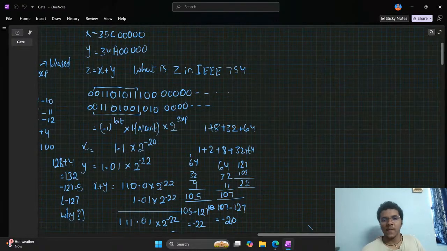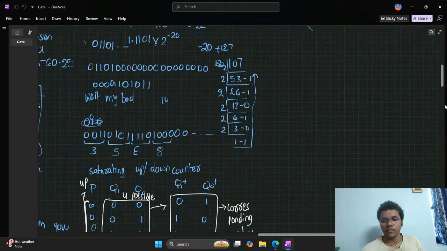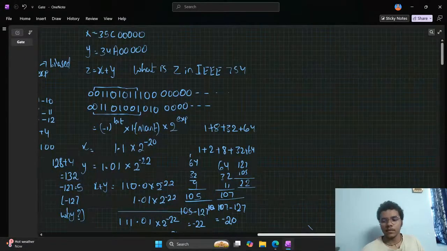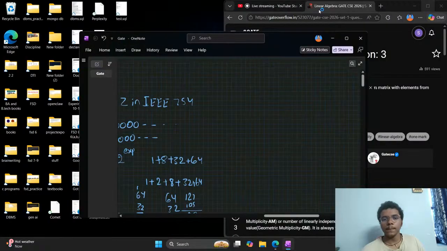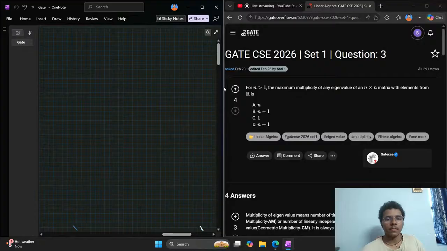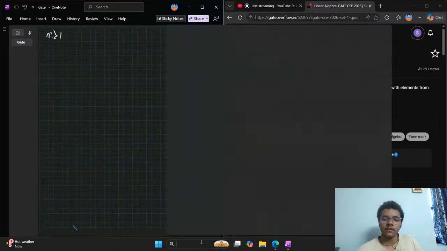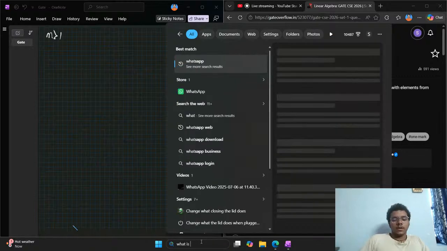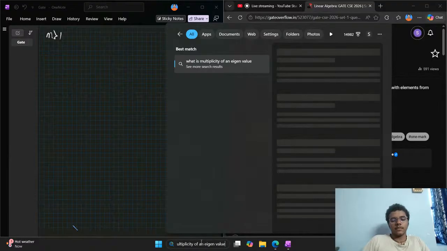So yeah, convolution. Yeah, that's enough. So n greater than one, the maximum multiplicity of any eigenvalue. What is multiplicity of an eigenvalue?